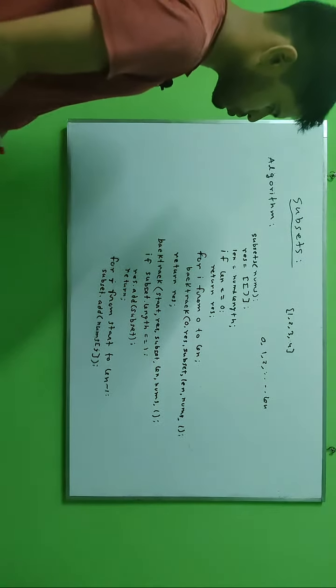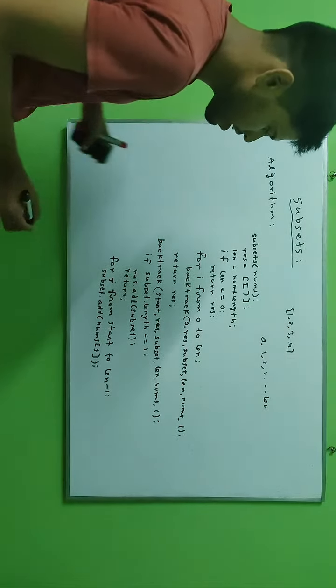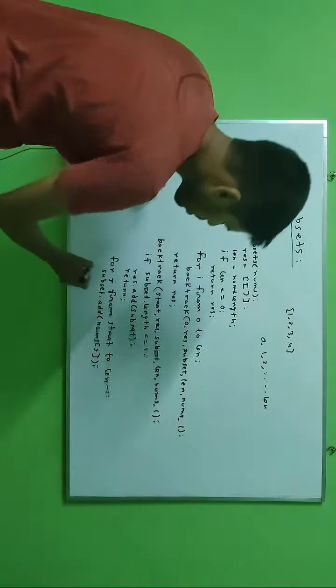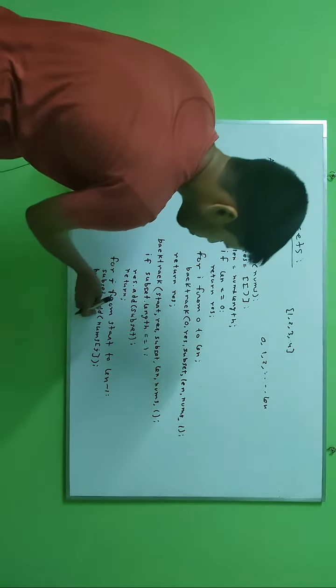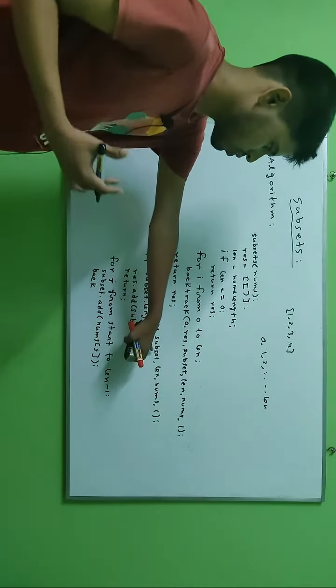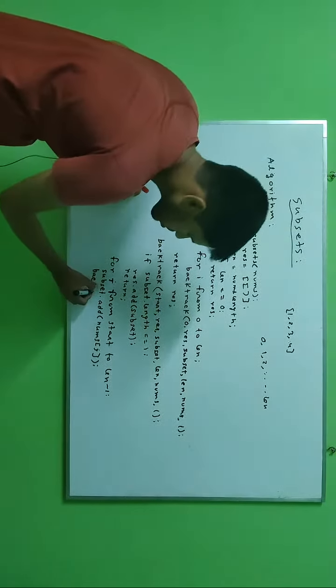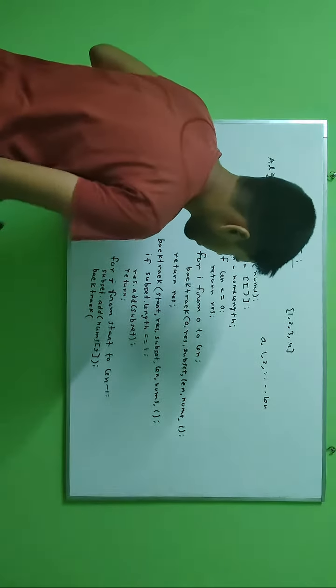Now I'm going to call the backtrack function here, and using this line we'll add our current element to our subset. This is a list. Now we'll call this backtrack function and just change the first parameter, and the rest will be as it is.